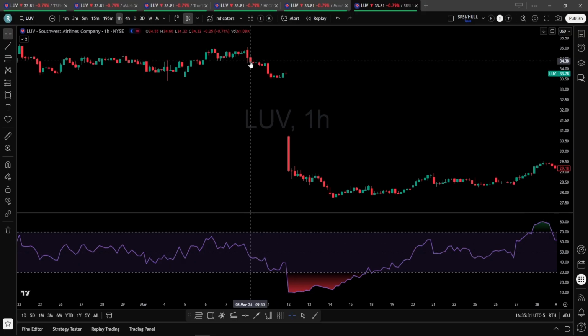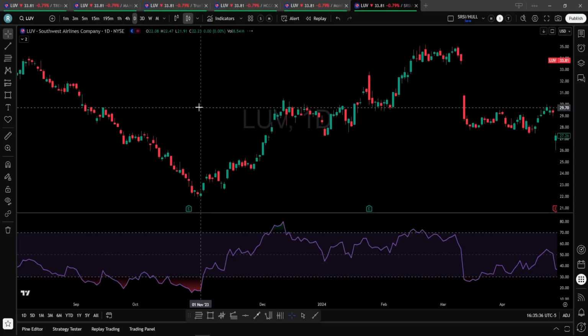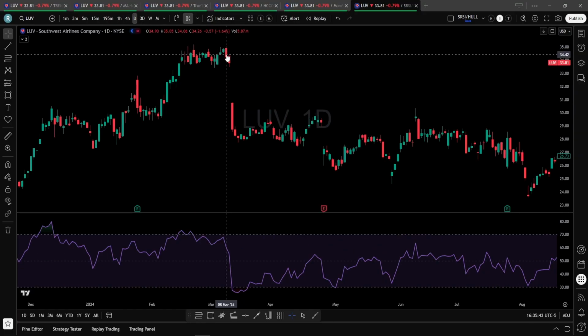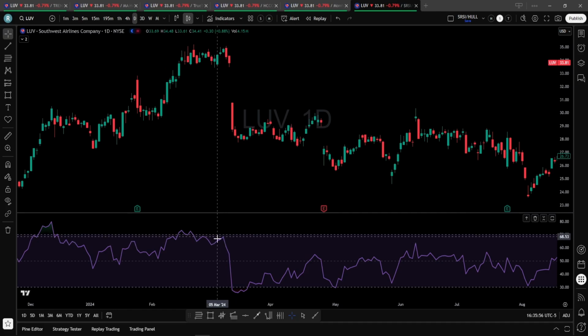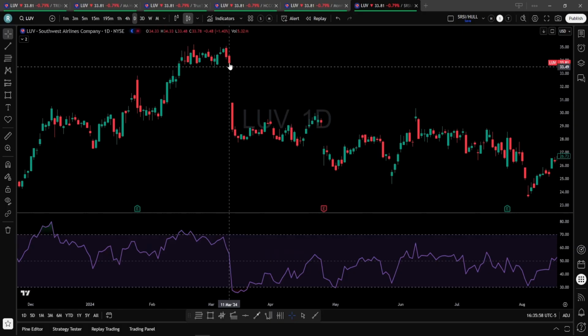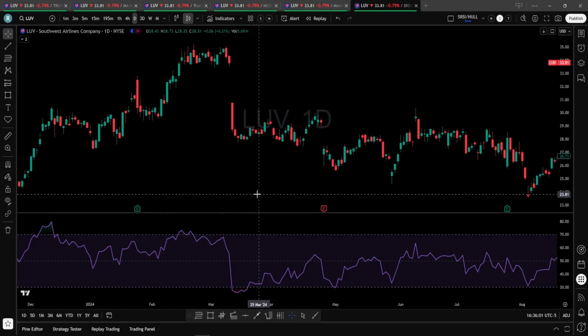This is an early indication for us. So on March 8th, on the daily chart, right here, we already knew during the day that the hourly chart was indicating the bears were in control, and we had this curl down already happening here. We can accept this as a swing rejection, and we're likely to see prices start to move down.